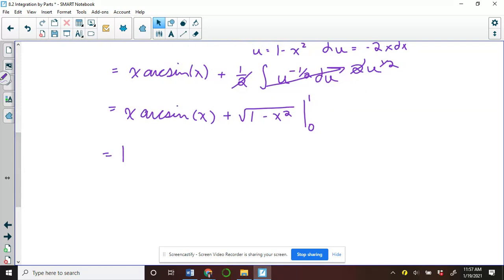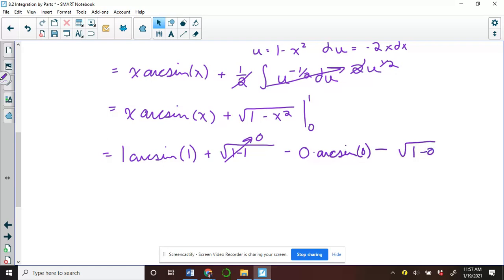Therefore, we have 1 arc sine of 1 plus the root of 1 minus 1, or 0, minus 0 times arc sine of 0 minus the root of 1 minus 0, or 1.